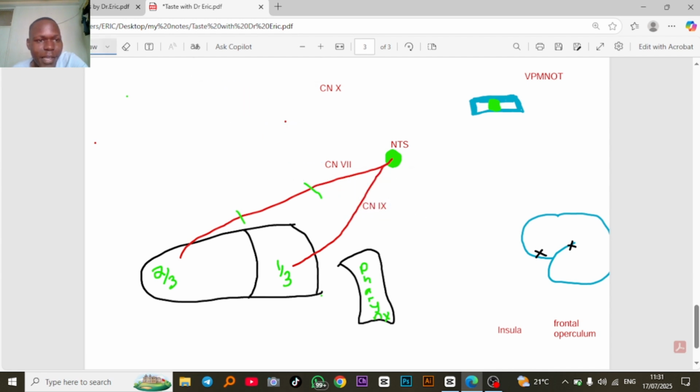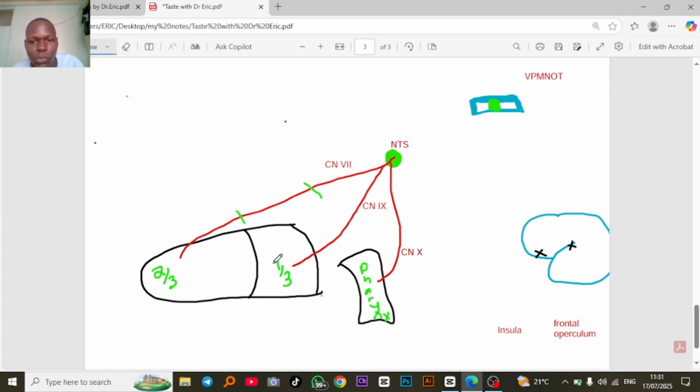And lastly, the third one is cranial nerve 10, also known as the vagus nerve, which will carry the sensory information from taste buds in other parts, that is the base of the tongue, the pharynx, and the epiglottis. So that is cranial nerve 10 to the nucleus tractus solitarius.